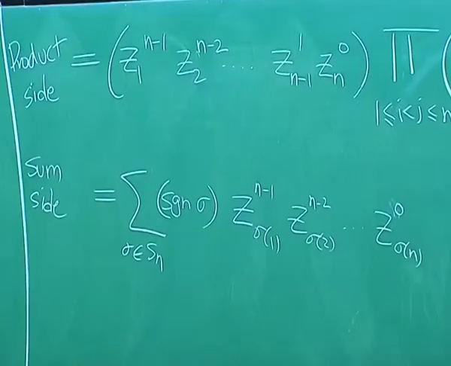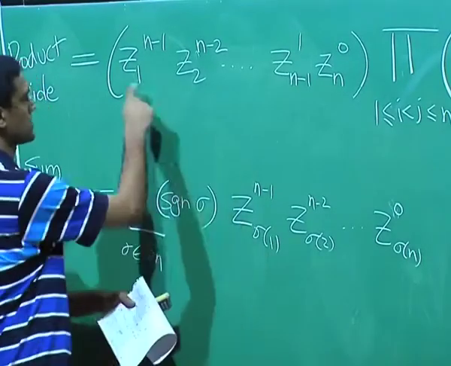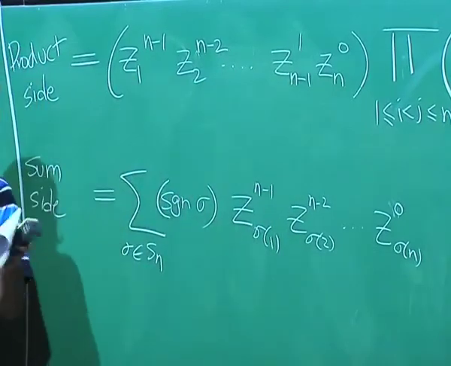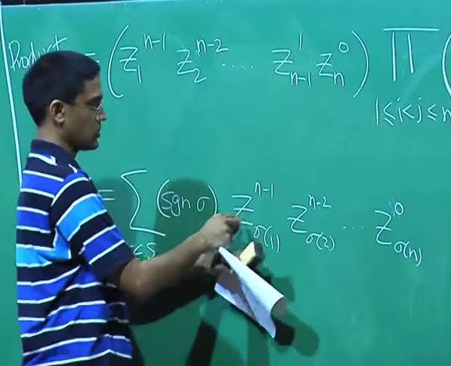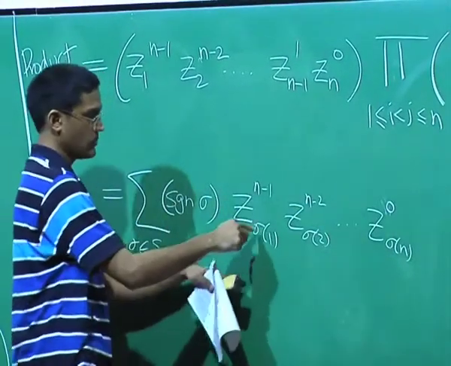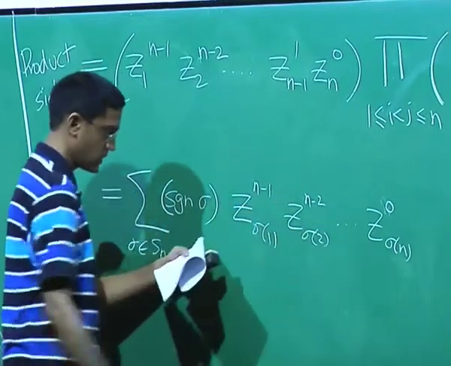So that's exactly what the determinant looks like. Notice that each term is more or less like the leading term. It's like the diagonal, except you apply a sigma to it. It looks like z something to the n minus 1, something to the n minus 2, something to the 0, except that the indices have an applied sigma.